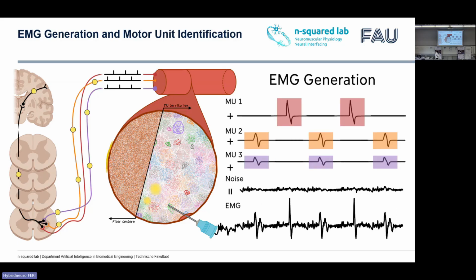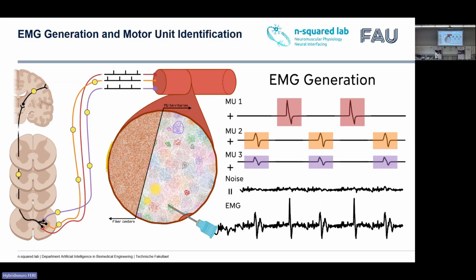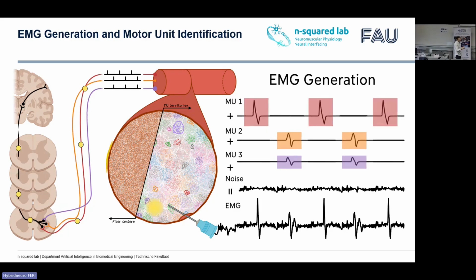You have volleys in the axons that reach the muscle fiber. Here, we have an implant inside the muscle, recording, as you see here, an interference EMG signal. This interference EMG signal is an algebraic summation of the motor unit action potentials that are identified, plus some added noise. So in other words, if you identify these, you can always reconstruct that.